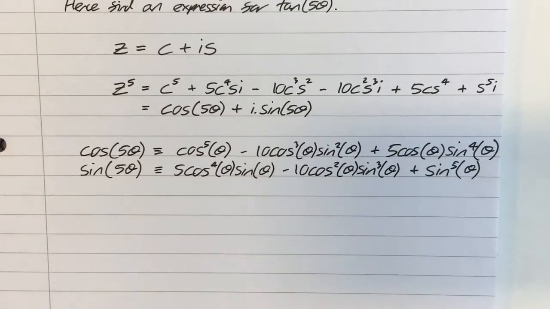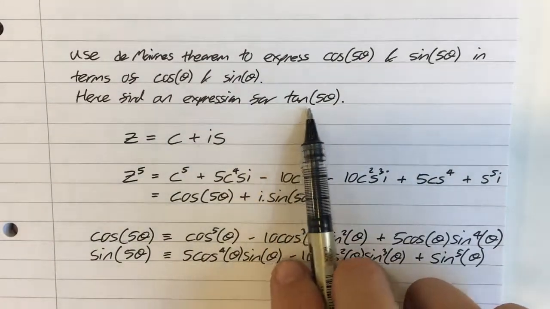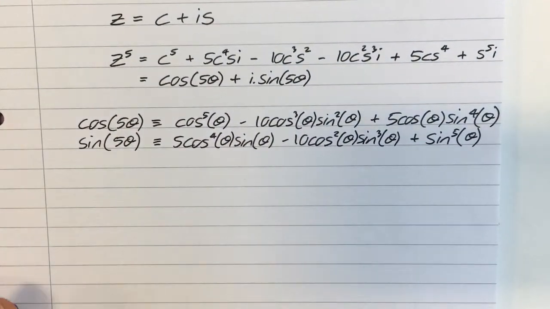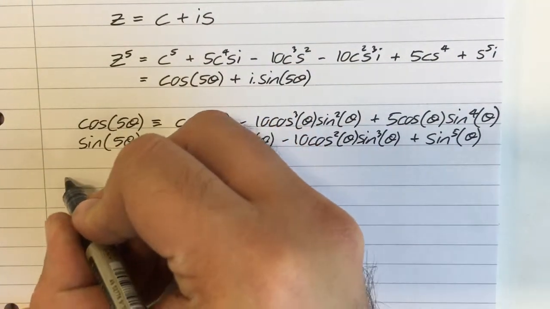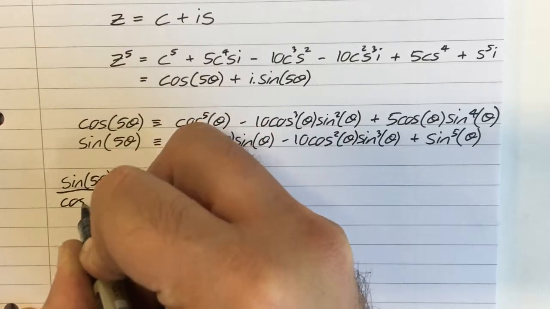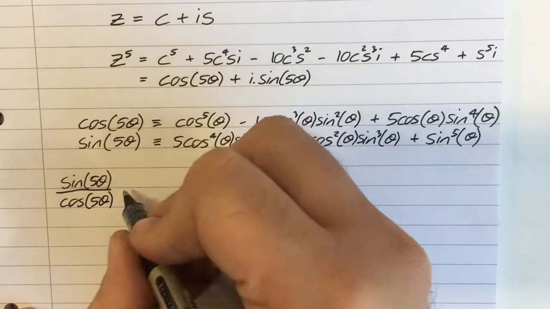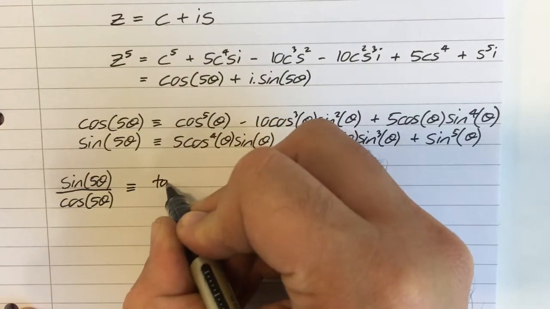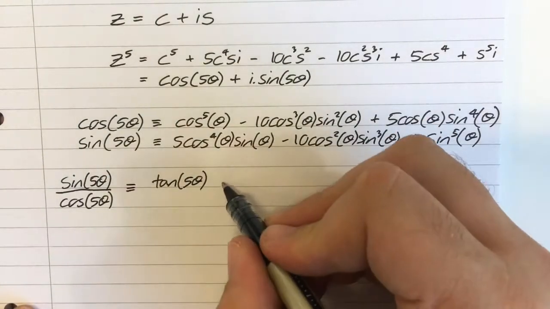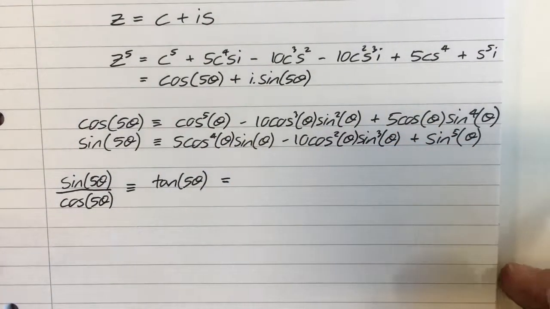Okay. So I can now use that to find an expression for tan of 5 theta. This is what the second part of this question asks. So tan of 5 theta is going to be equal to sine of 5 theta divided by cos of 5 theta by the definition of tan. I'm going to go back to my shorthand notation.